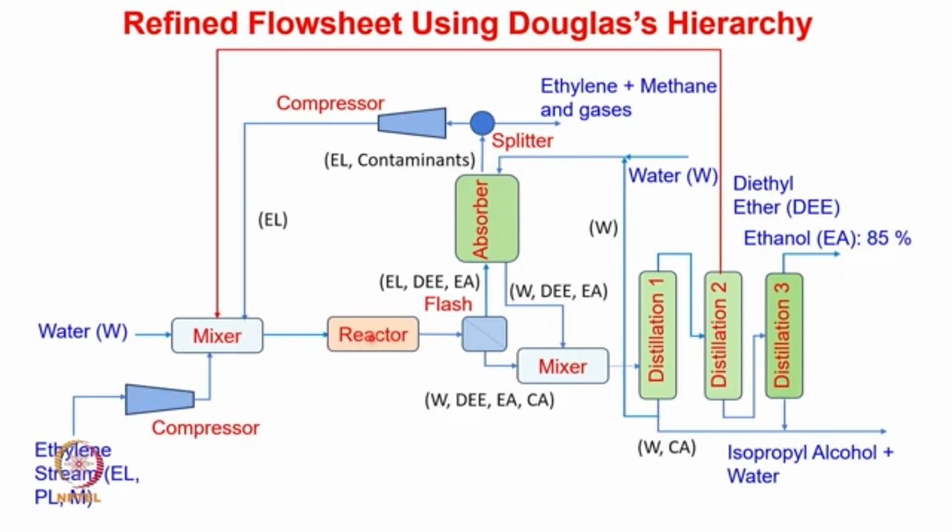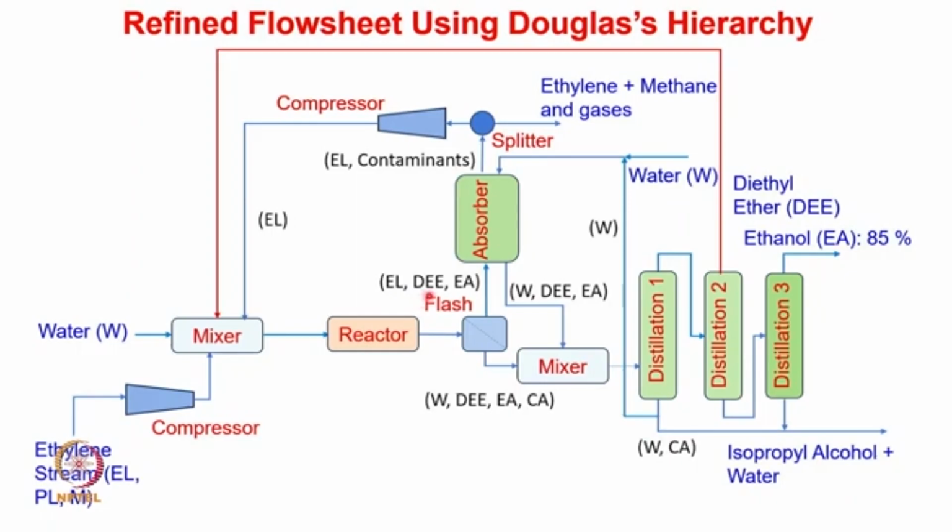Again you can see that in the reactor, ethylene, diethyl ether and ethyl alcohol will be separated in the flash unit, and in this case, in addition to ethylene, we will be having propylene and methane in the gas.